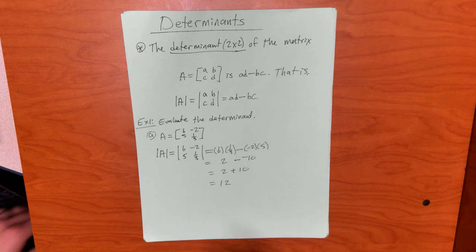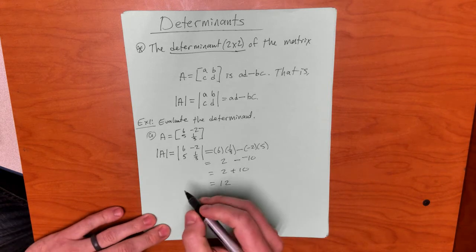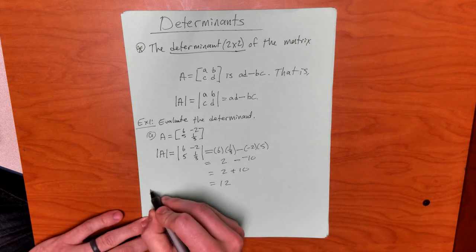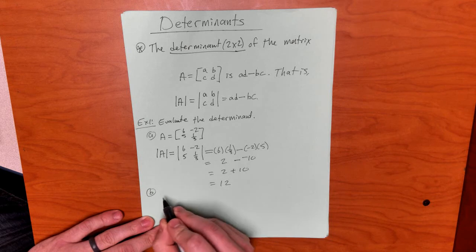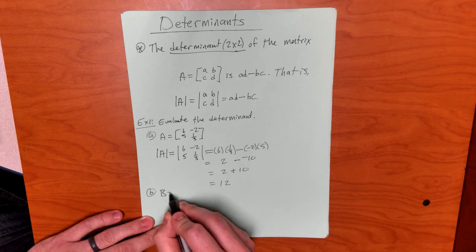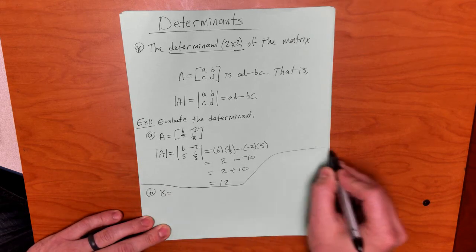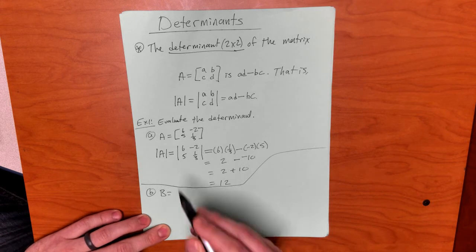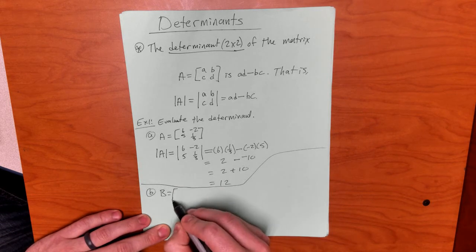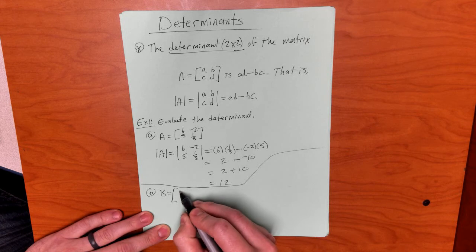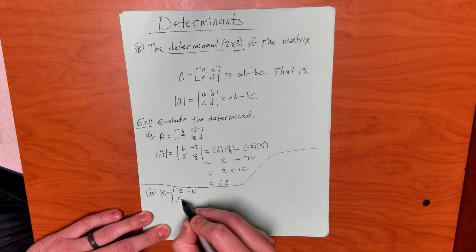Alright, so we'll try one more and see what happens here. Part B. And we'll call this one capital B is equal to this matrix. And we can call these matrices anything we want. They don't have to always be A. So matrix B, we're going to call it 2, -11, 0, and 0.